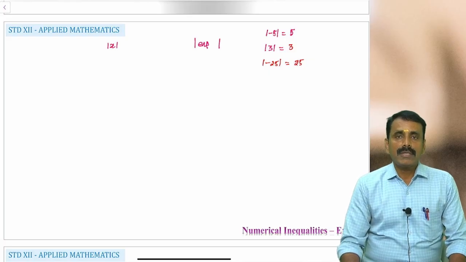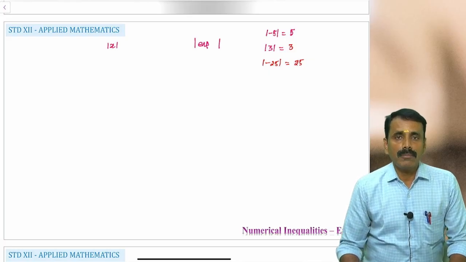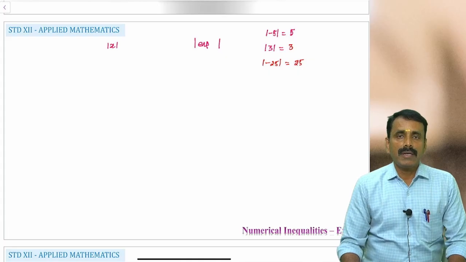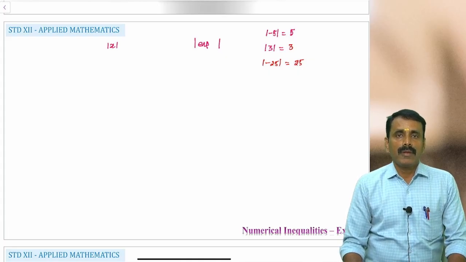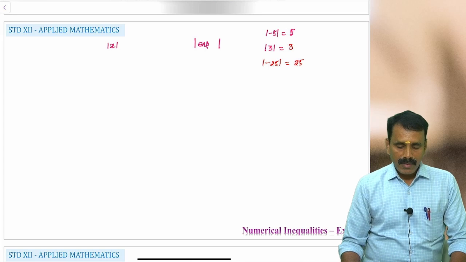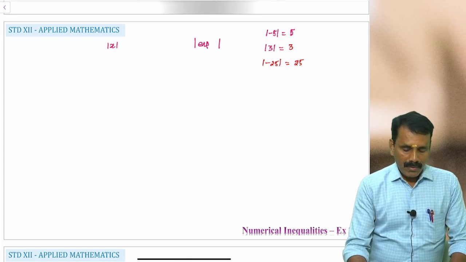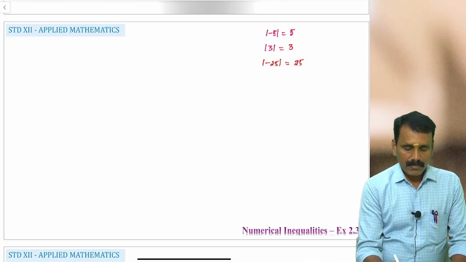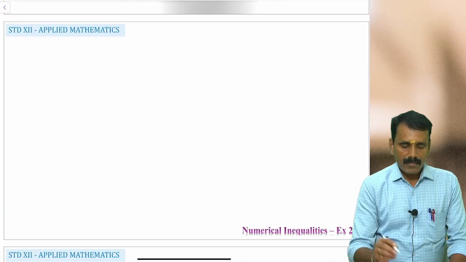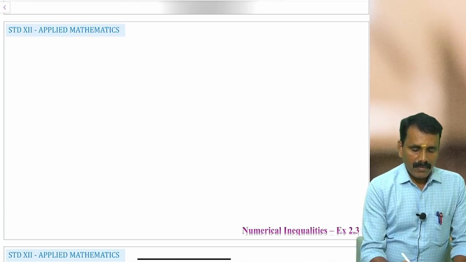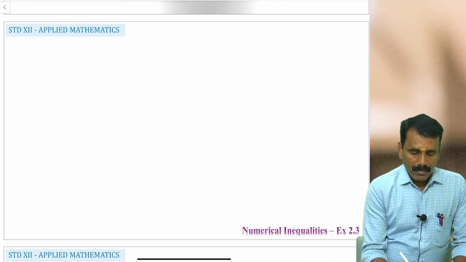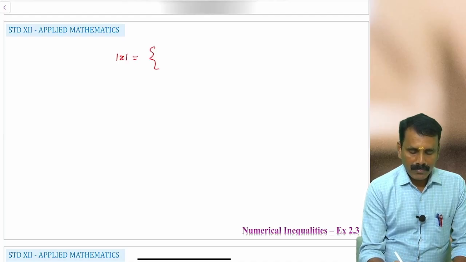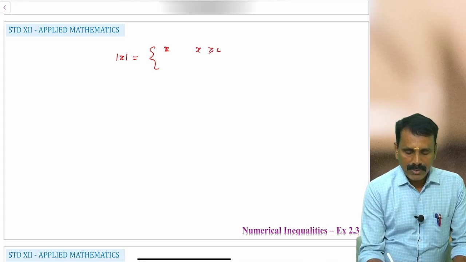This modulus removes the negative sign of a number. It converts the given negative number to a positive number. How does it happen? We define modulus of x is equal to x when x is greater than or equal to 0.